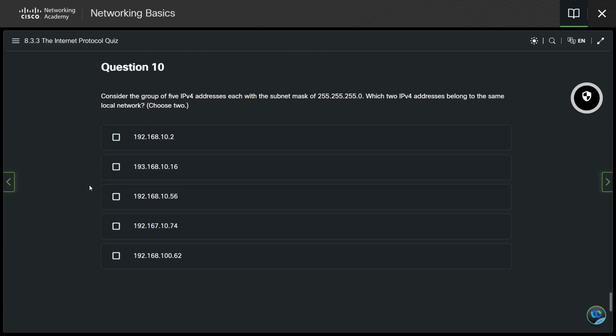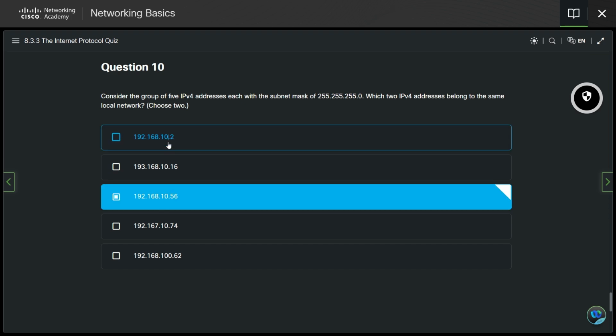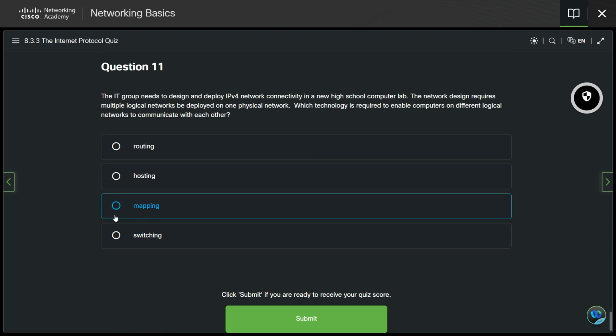And question 10: Consider the group of 5 IPv4 addresses, each with a subnet mask. Which two IPv4 addresses belong to the same local network? Choose 2. Okay. Is this question 11?